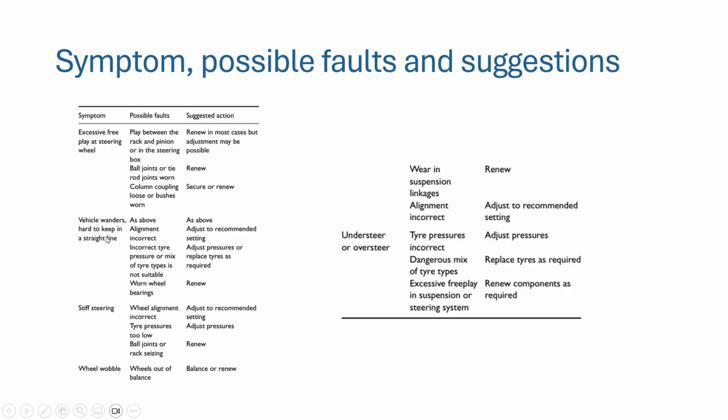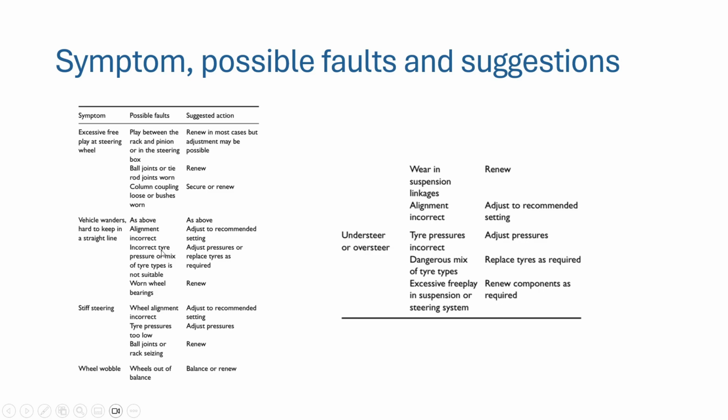The vehicle wanders and it is hard to keep in a straight line. That is the symptom. Suppose your vehicle wanders, it is very hard to keep the vehicle in a straight line. It is not going in control. So the possible problem could be incorrect alignment. In that case, adjust to the recommended setting.